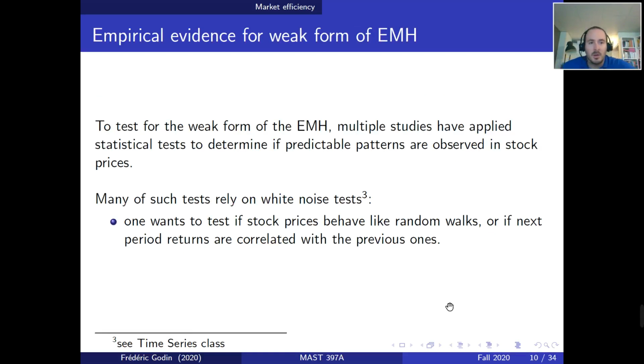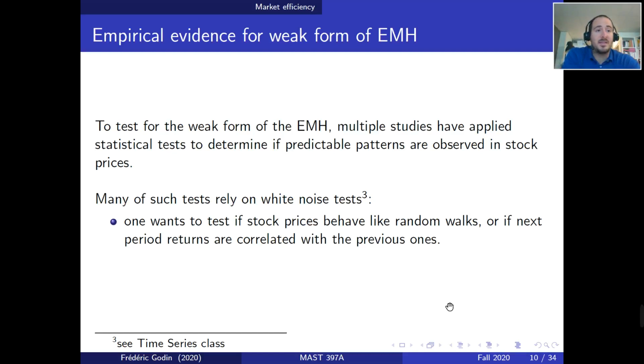Okay, so let's start with the first form of the efficient market hypothesis, which is the weakest form. Many studies, and by many I mean many studies, have applied statistical tests to try to determine if there are predictable patterns observed in stock prices.